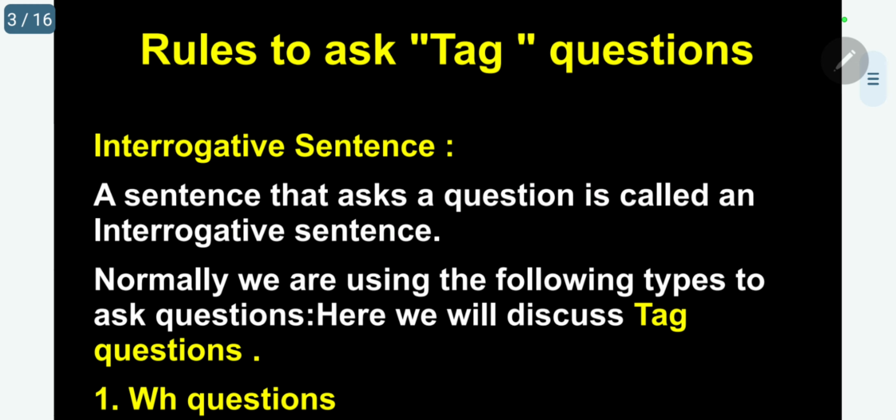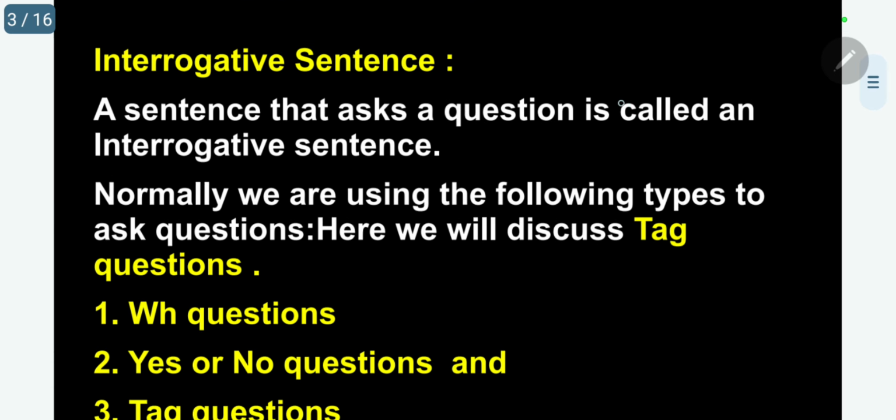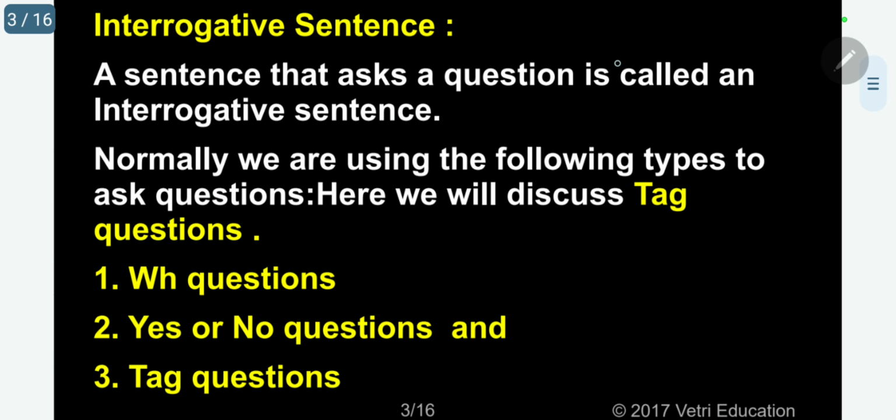All these three types of questions come under interrogative sentence. Please follow. So, what is an interrogative sentence? A sentence that asks a question is called an interrogative sentence. Normally, we use the following types to ask questions.